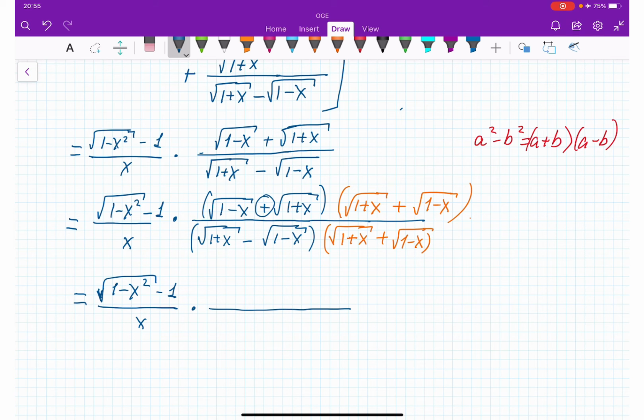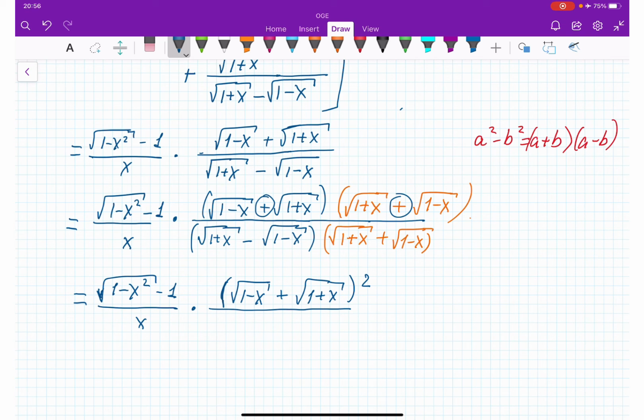See, here I have plus and here I have plus. So it's going to end up with 1 over square root of 1 minus x plus square root of 1 plus x, all that squared, right?